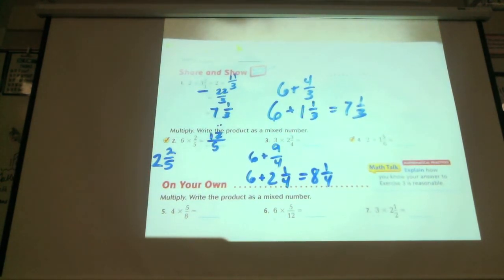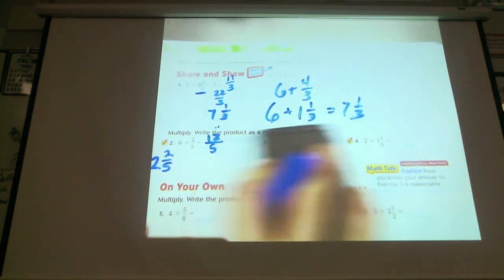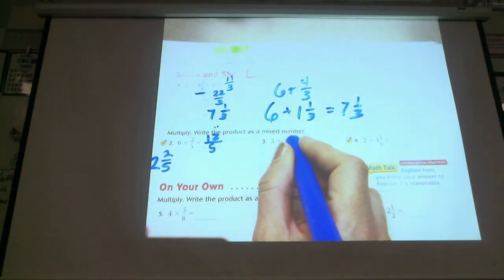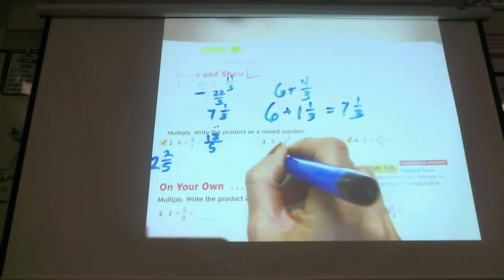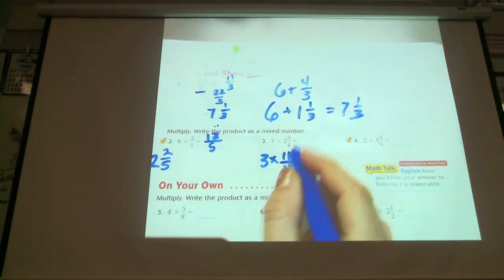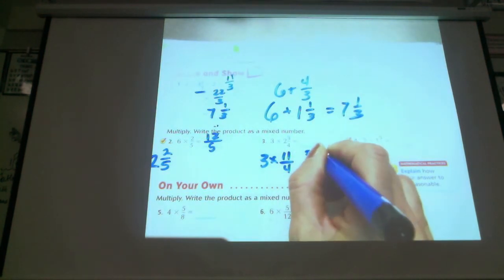Okay. If you did not get 8 1/4 and you did the other method, I'm going to show you where you might have made your mistake. 2 times 4 is 8, plus 3 is 11/4. 3 times 11/4. 3 times 11 is 33, so 33/4.